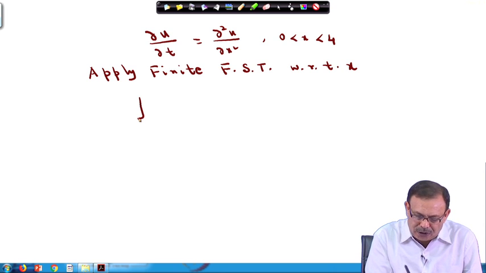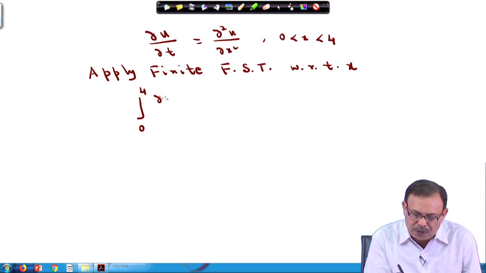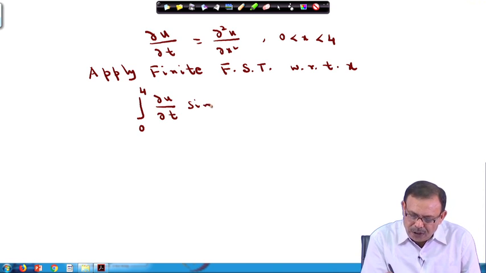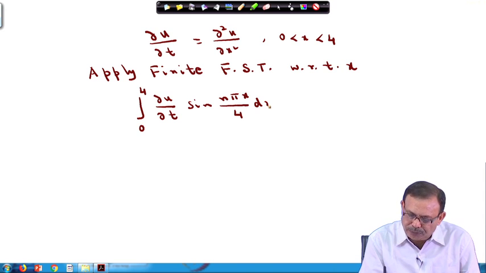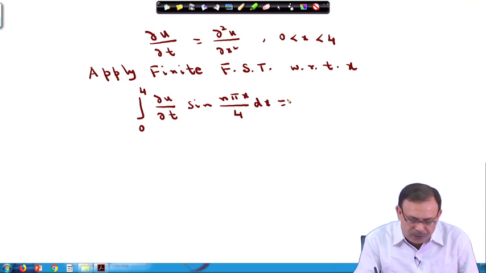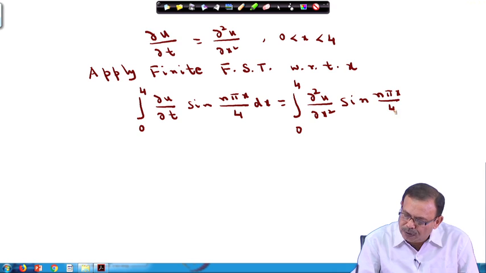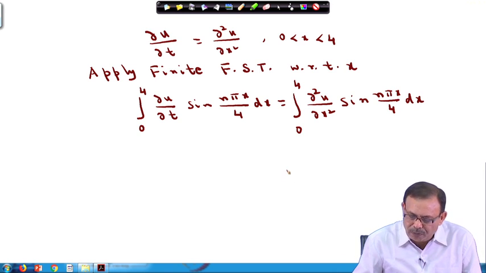From the definition, the left hand side will be the integral from 0 to 4, here L is 4, of del u by del t into sin(n pi x by 4) dx, whereas the right side will be the integral from 0 to 4 of del 2 u by del x square into sin(n pi x by 4) dx.